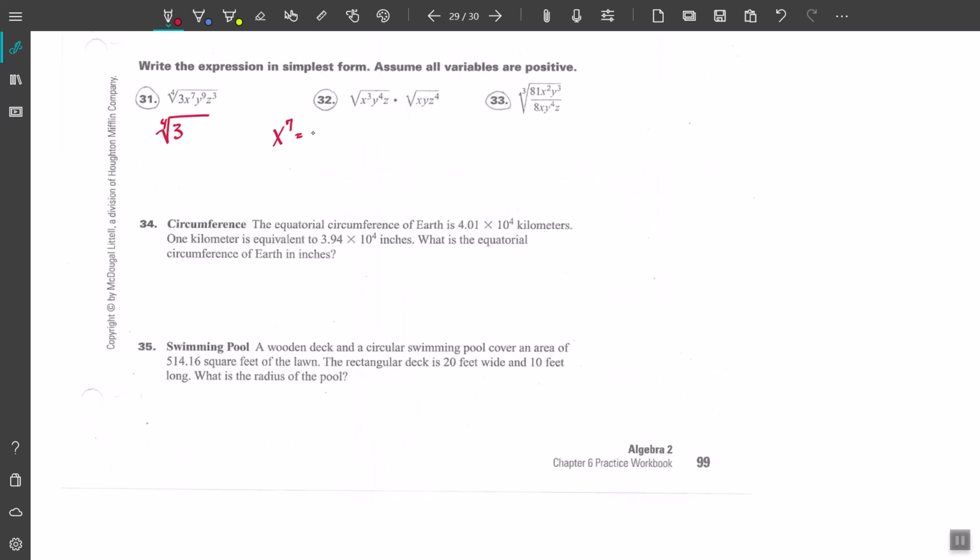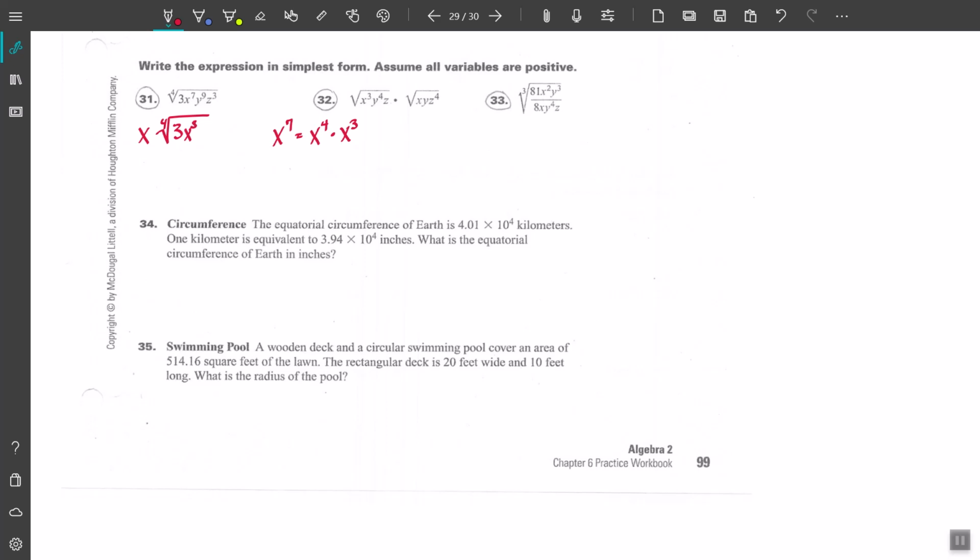If I'm looking for groups of 4, I will have 4 x's that could come out, and then I have to remember that I'm going to have 3 left over. So I can pull 4 x's out, and I'm going to put the x right there to notate that I took 4 of them out, but I've got to remember to leave 3 of them under there.